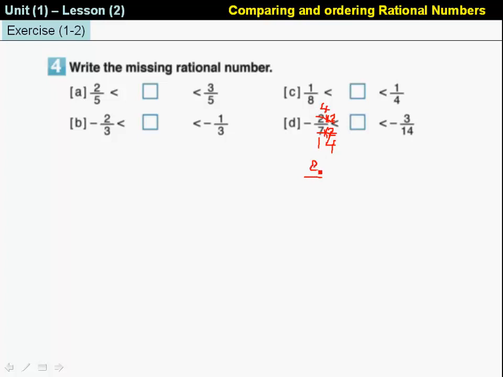This gives 8 divided by 28. And here 2 times 3 is 6, 14 times 2 is 28. Of course, here minus and here minus. What is between 6 and 8? 7 over 28. So we have to write here minus 7 over 28.